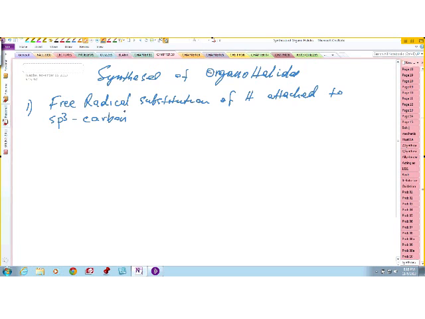Free radical substitution of hydrogens attached to sp3 carbon using bromine and chlorine in the presence of light or heat.